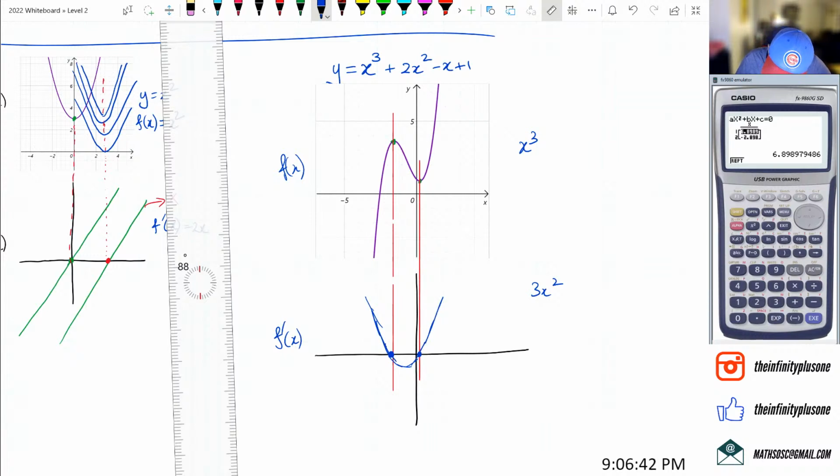If you draw a parabola like this, maybe I should have chosen a different color, like something like this, where it goes through those 2 points, you'll still get it correct.